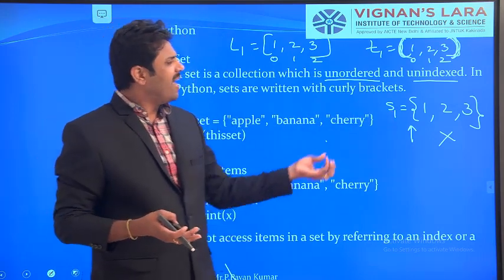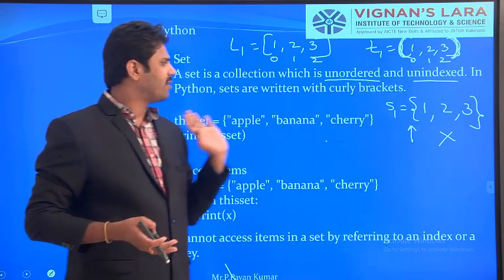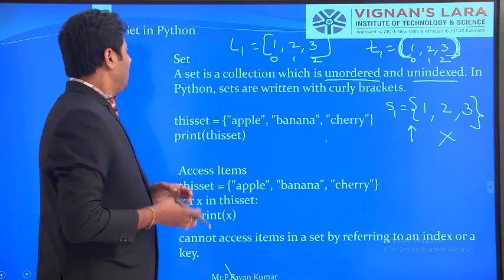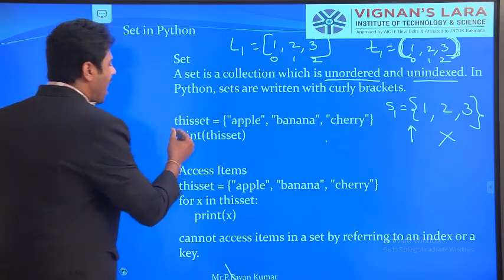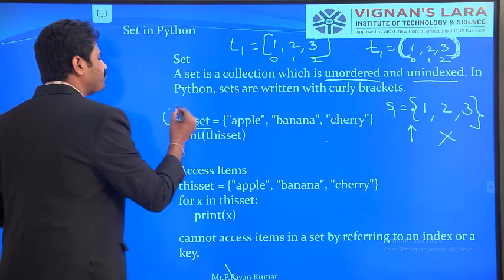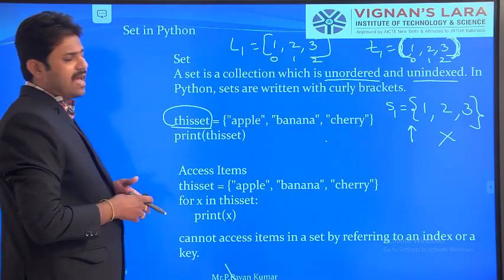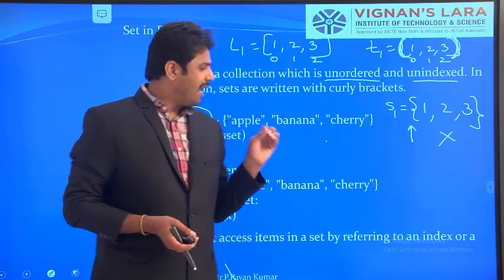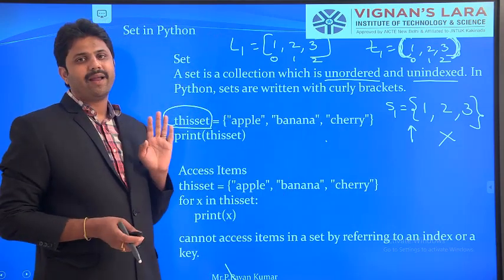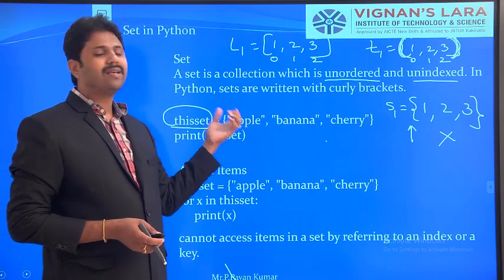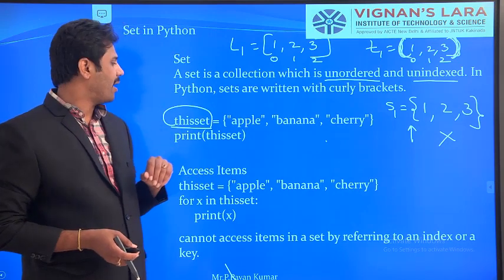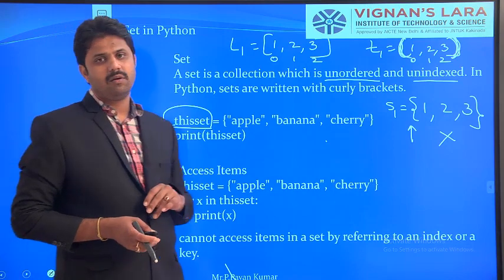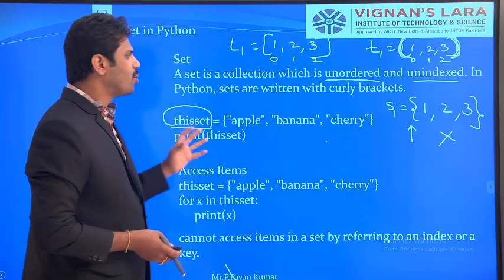Data is stored somewhere like that only. Here, let us see, I have a set of apple, banana and cherry. It also allows multiple data types, that means strings and everything you can write. Print this set, like this you can use.